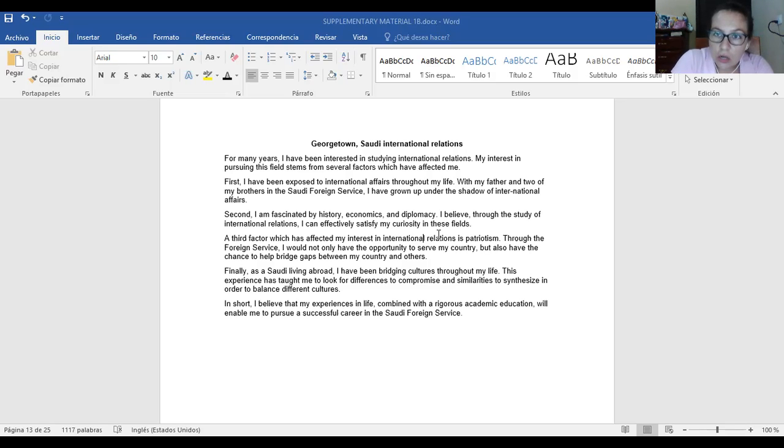What transitional words did you help you to identify or to organize this essay? Very nice. First, second. Okay. And in the introduction, how you can recognize? Very good.